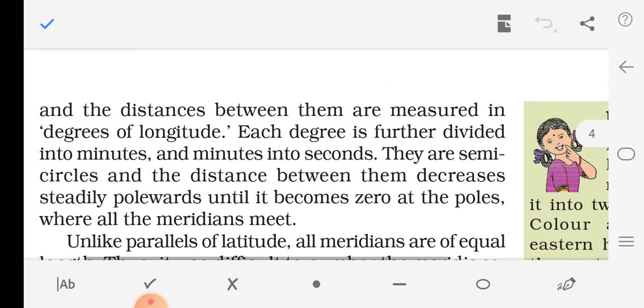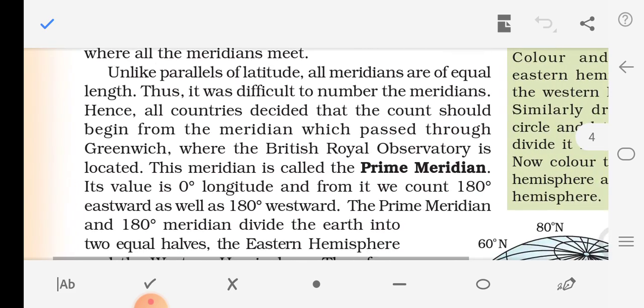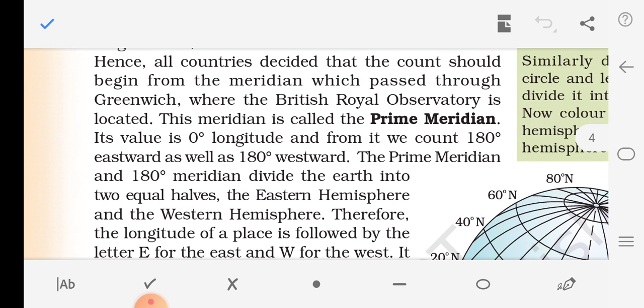Now let's see where the British Royal Observatory is located. This meridian is called the prime meridian. Its value is 0 degree longitude, and from it we count 180 degree eastward as well as 180 degree westward.